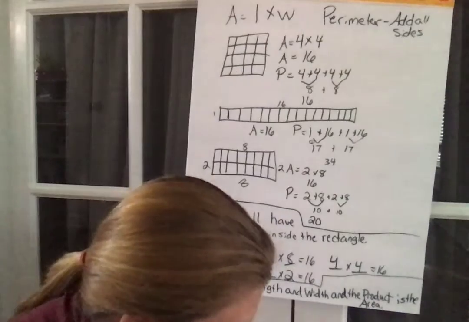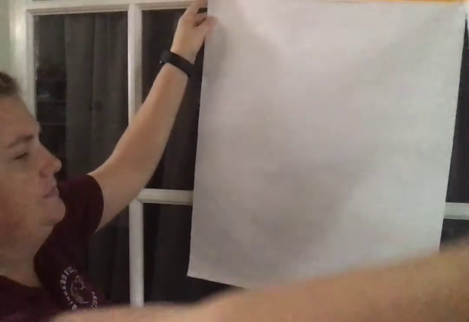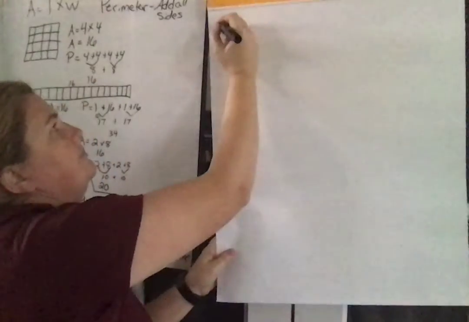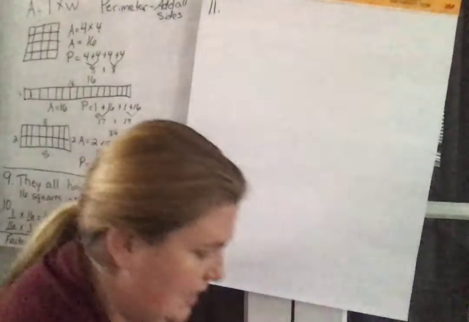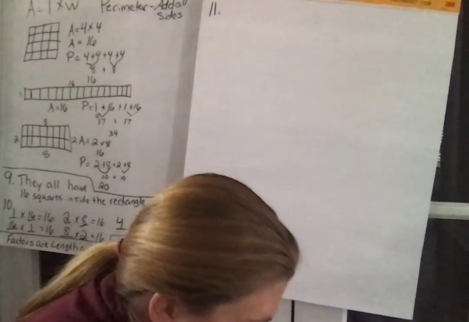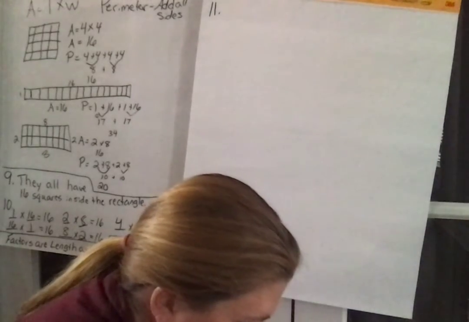All right, number 11, and I'm going to take this chart off. I'm going to leave it up though, in case we need to go back to it. So this is number 11. Still talking about perimeter and area. It says, can 2 rectangles have the same area but different perimeters? How do you know? Well, let's go back.